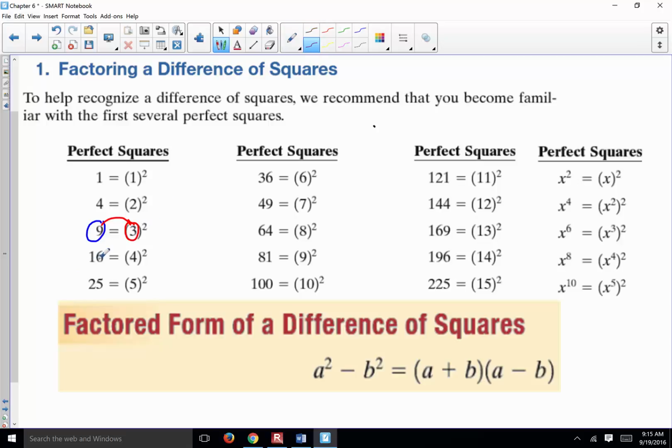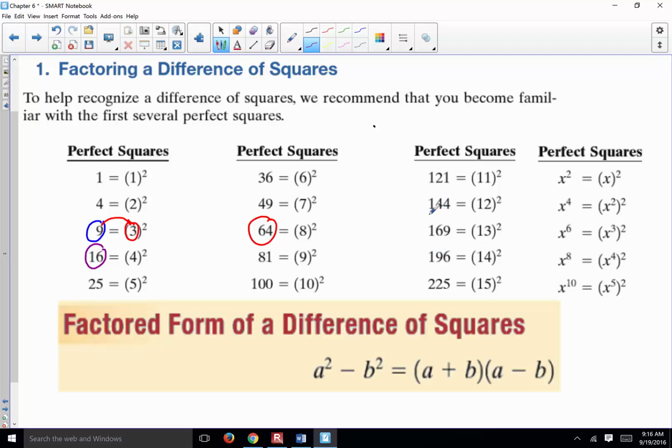Okay? 16 is a perfect square because it equals the square of another number, which is 4. 64 is a perfect square because it's 8 squared. Please know such basic well-known perfect squares by heart.